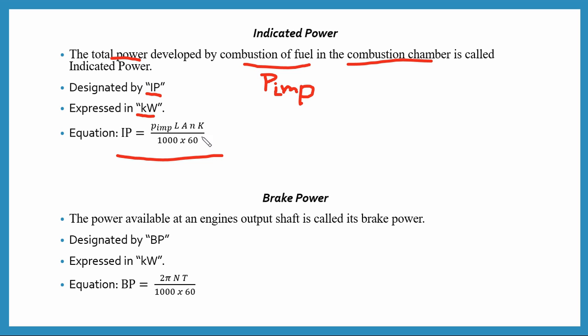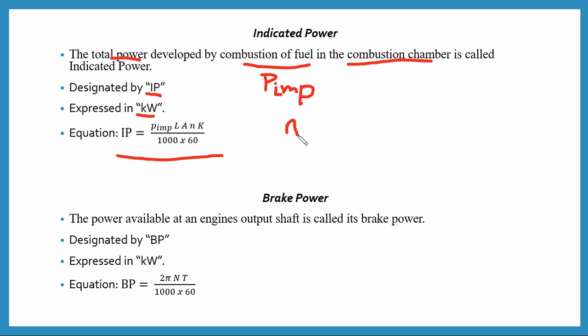L means length of the stroke, A is the piston area, K is the number of cylinders. Here n, small n, means the number of power strokes generated per minute.